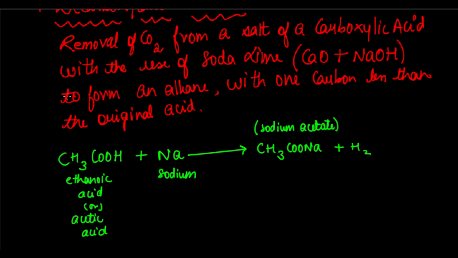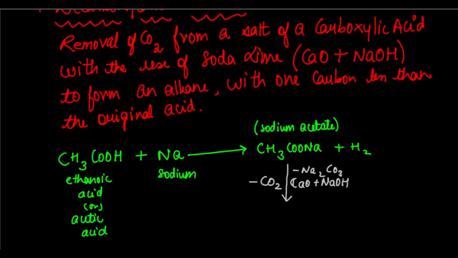Now, when we pass this through soda lime, that is CaO plus NaOH, we get an alkane because it is going to lose carbon dioxide. So remember, we're going to lose carbon dioxide. Here this carbon can go and 2 oxygens will go, right? Along with this, you also lose the sodium, because there is a loss of Na2CO3.